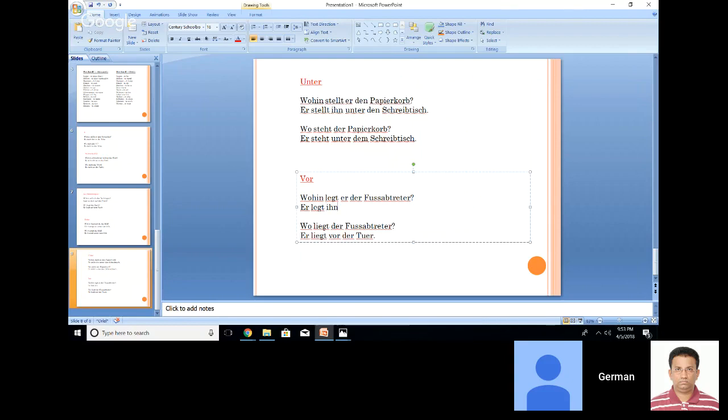Yes, very good. Er legt ihn vor die Tür. What is the article for Tür?